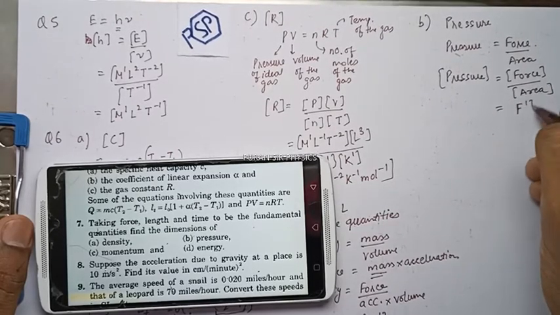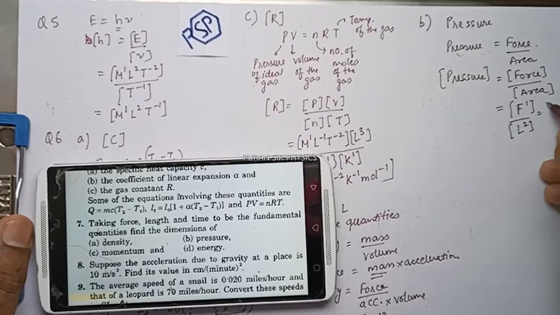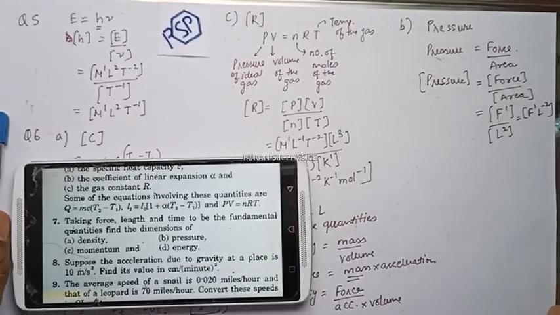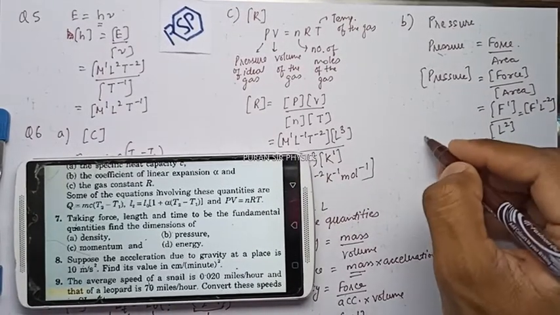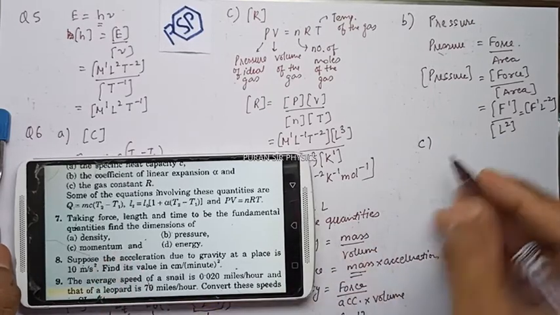So it will be F raised to power 1 divided by L raised to power 2. So from here we can say F raised to power 1 L raised to power minus 2. So that is the answer. In the third part we have to find the dimension of momentum.